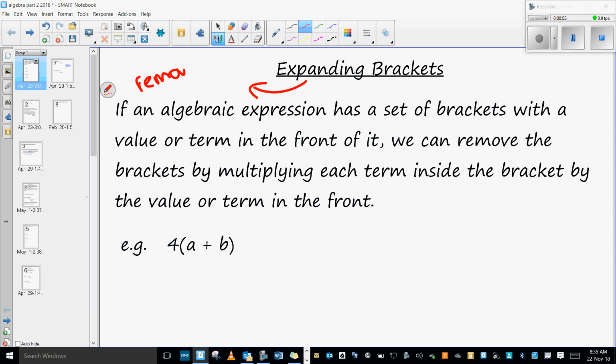So this 4 in front of this bracket here indicates that everything inside the bracket needs to be multiplied by 4.